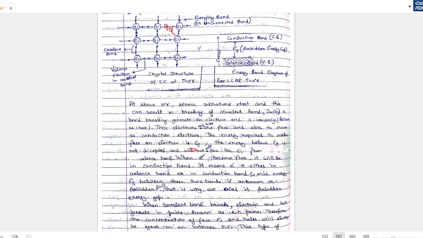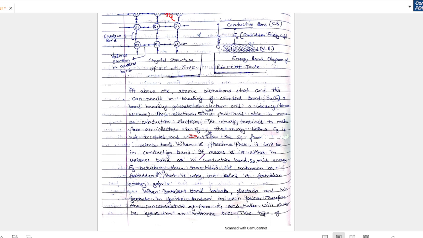When the electron becomes free, it will be in conduction. That means if the energy is less than Eg, the electron lies in the valence band, meaning the electron is bound. But if the energy is equal to or greater than Eg, then the electron suddenly jumps from the valence band to the conduction band.